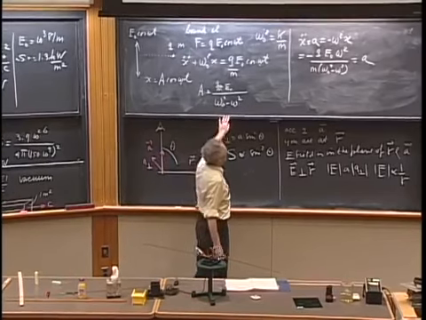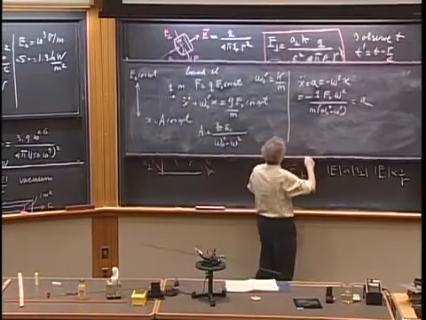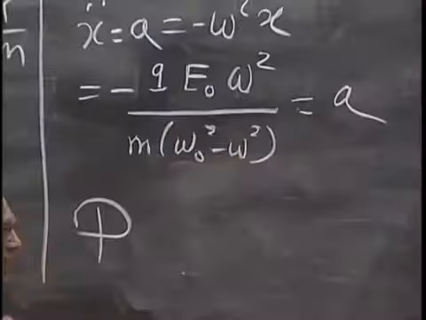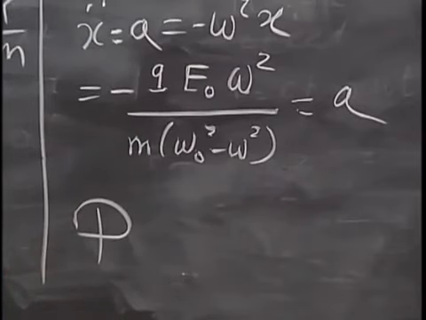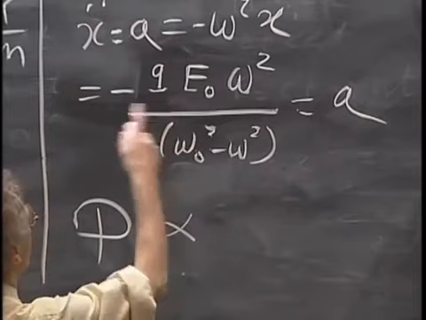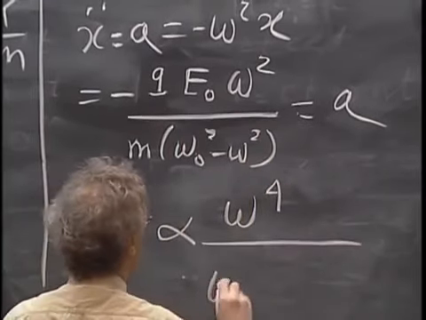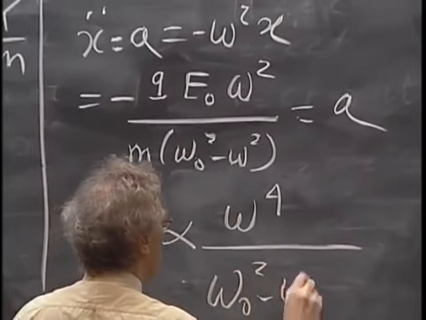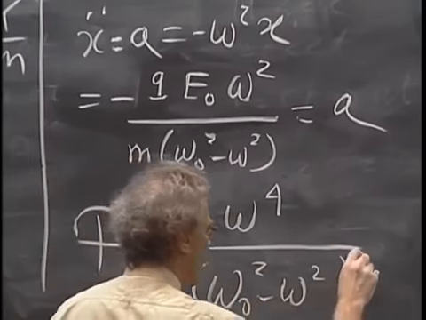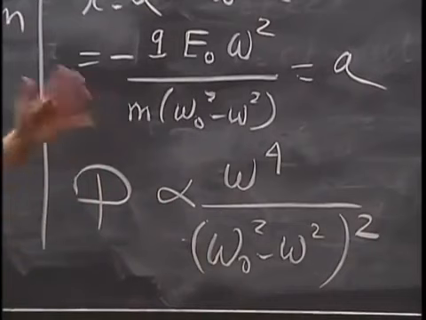And so the A squared is what I really want to know. And so the power that is radiated by that shaking electron is proportional, forget all the constants, to omega to the fourth divided by omega 0 squared minus omega squared squared. Forget all the rest, it is constant.